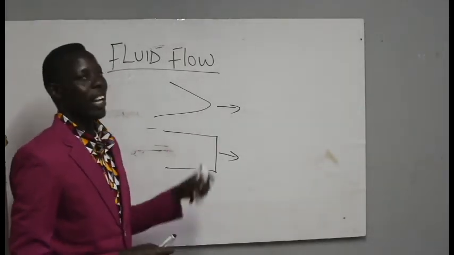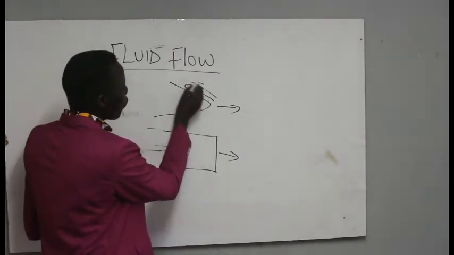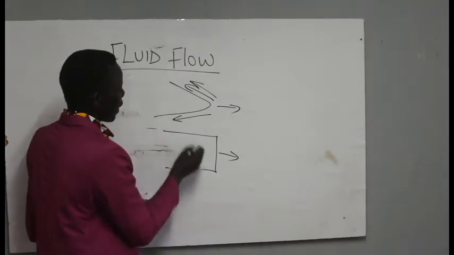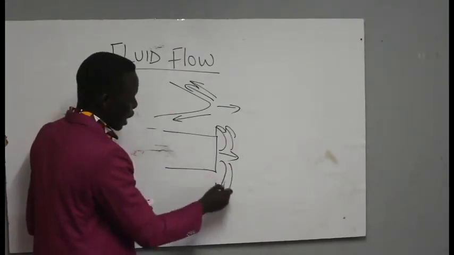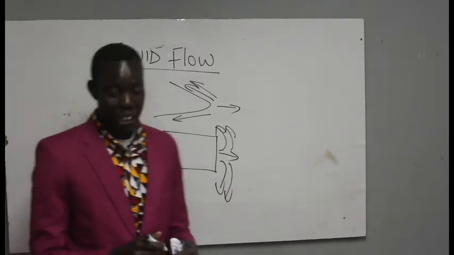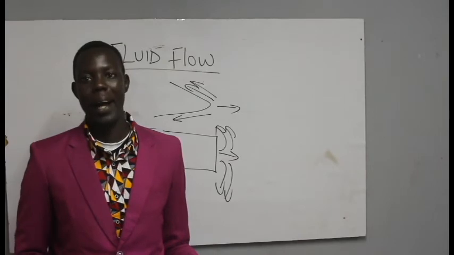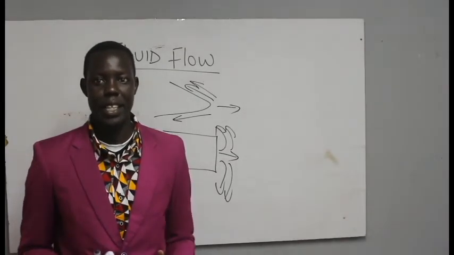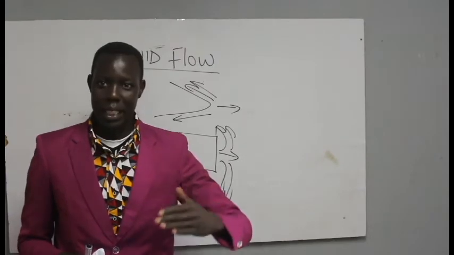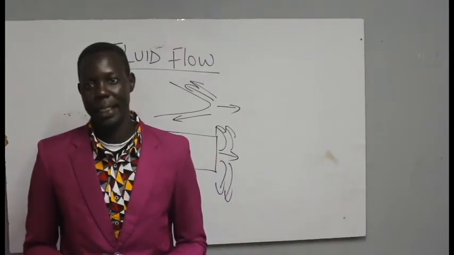This one will use less energy because the fluid will be moving back in a streamline. This one will cause turbulence because the body itself is not streamlined. So the sea creatures, even the submarines, the man-made, artificial ones, have been made in such a way that they cause a streamlined flow. So themselves, they are streamlined.